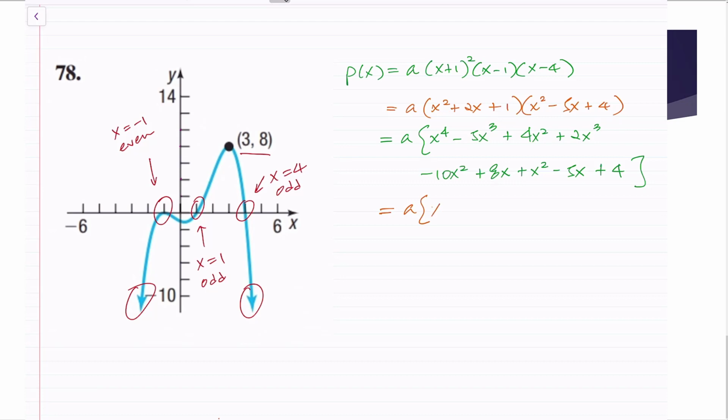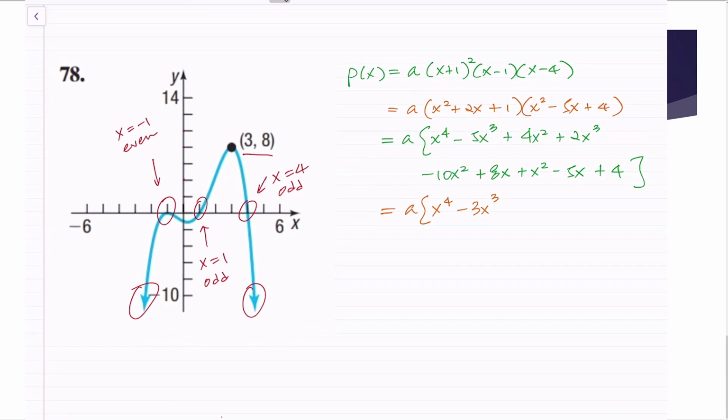I only have the 1x⁴ term. I have a -5x³ and a positive 2x³. That's going to be -3x³. For second degree terms, I have a 4, a -10, and a positive 1, so that's going to give me -5x². For the first degree terms, I have 8x and -5x, that's 3x. And then I have a 4.